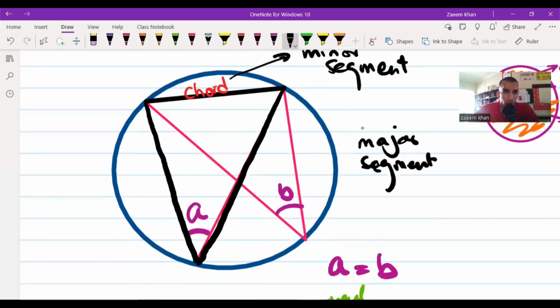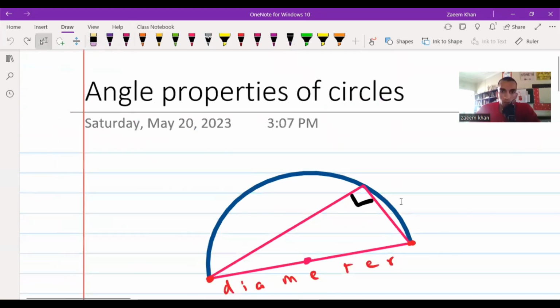When I make these two lines intersect, which angle forms over here? It's already labeled for you. What's the letter inside it? Angle A.